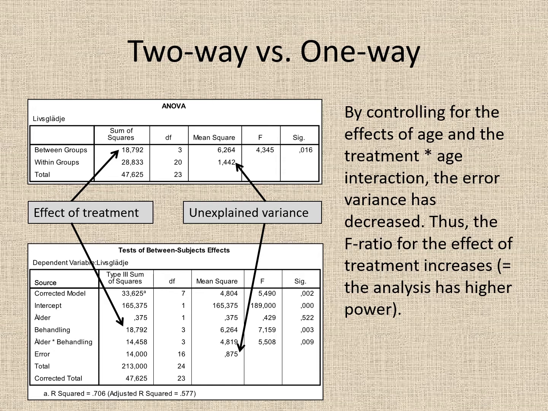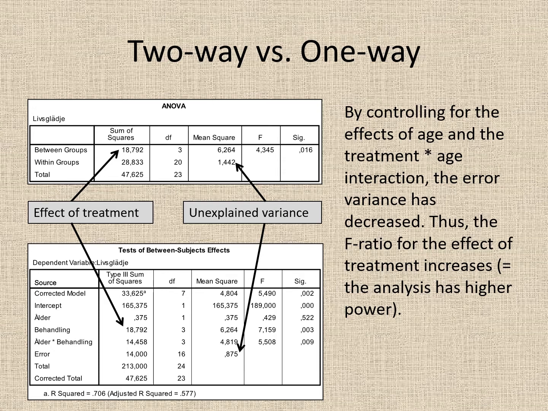How come? What has changed? Yes, we have a not very big, but some difference between the age groups. In the first analysis, we don't include age in the model. So how are the age groups treated in the first analysis?